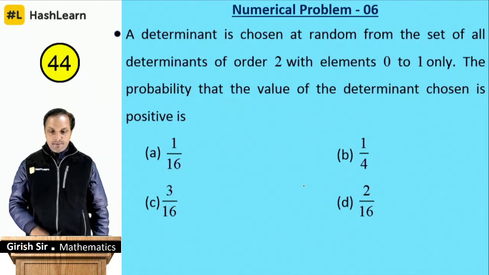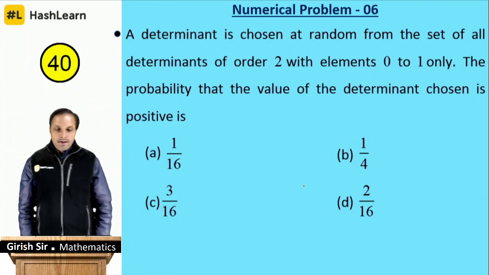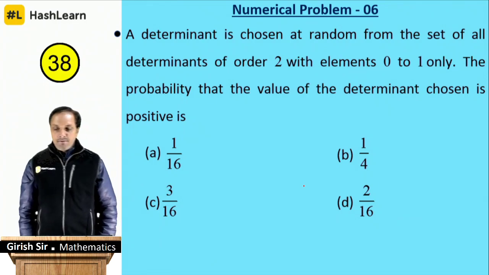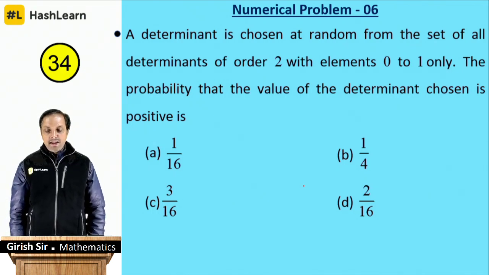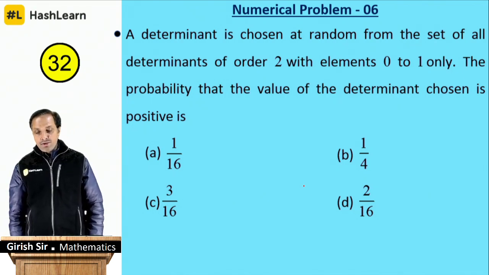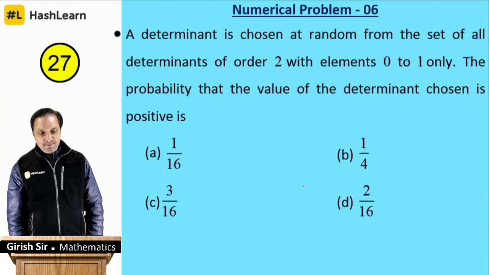And here is the problem. A determinant is chosen at random from the set of all determinants of order 2 with elements 0 and 1 only. The probability that the value of the determinant chosen is positive.